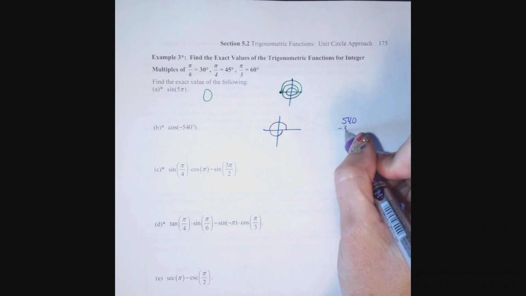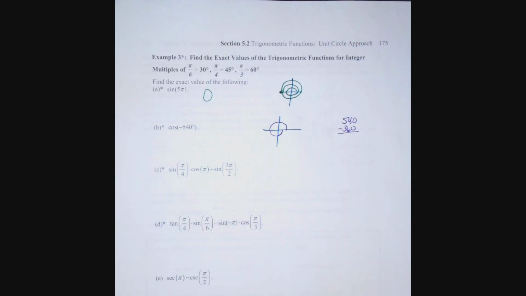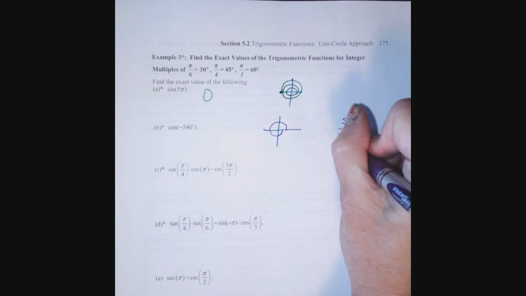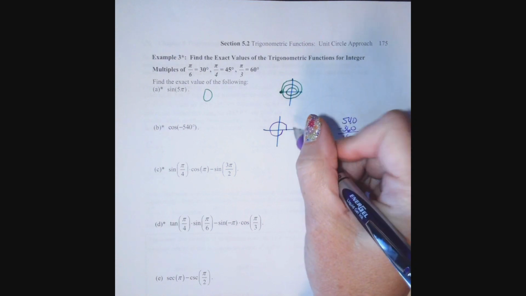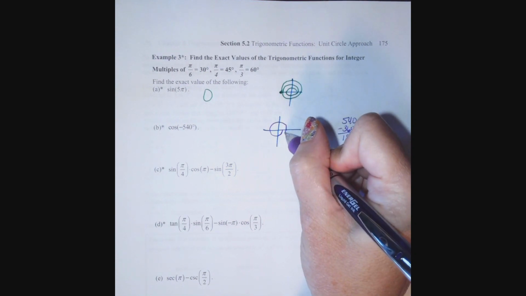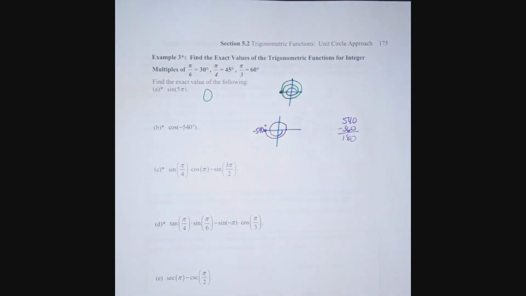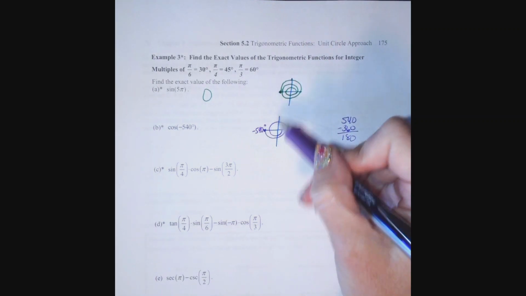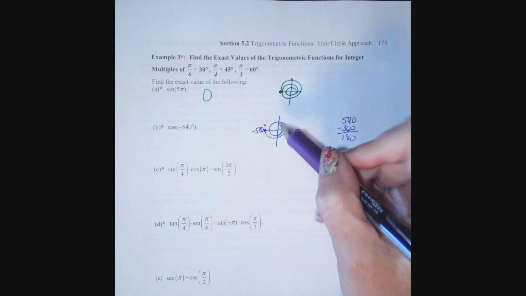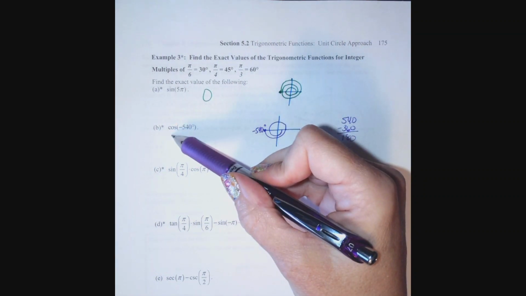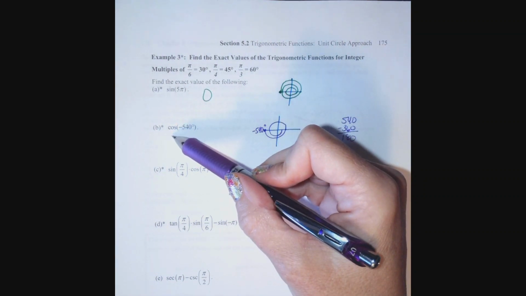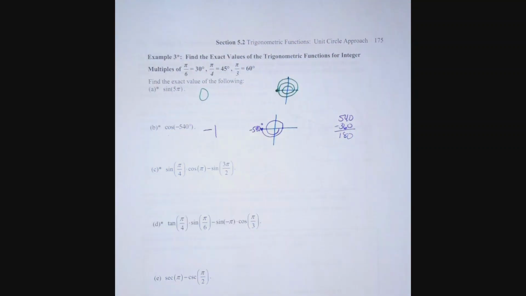If I do 540 minus 360, I see that I've still got to go another 180 degrees. So I did a full rotation, I come back, I go halfway around. This is negative 540 degrees. Well, I'm in the same place. But this time I'm asked for the cosine function value, which corresponds to the x-coordinate, which is negative 1 there.